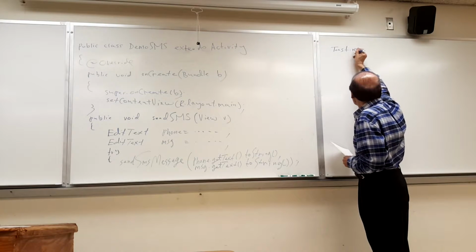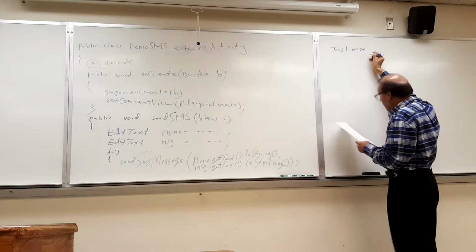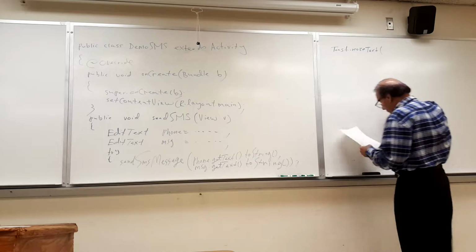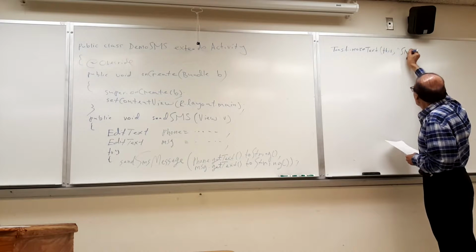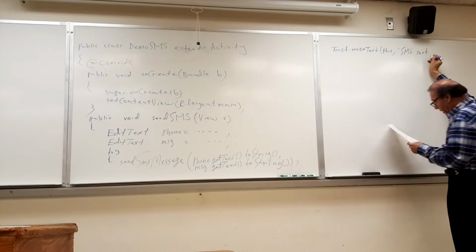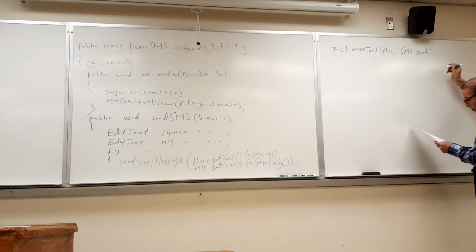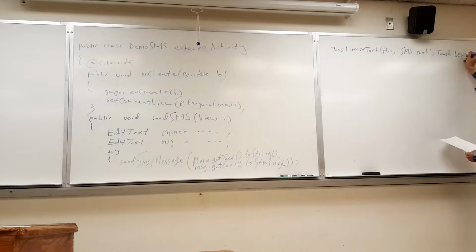Toast.makeText, the parameters are the context, followed by "SMS sent", followed by Toast.LENGTH_LONG or SHORT, dot show. So the toast is generated, and we're pretty much done.